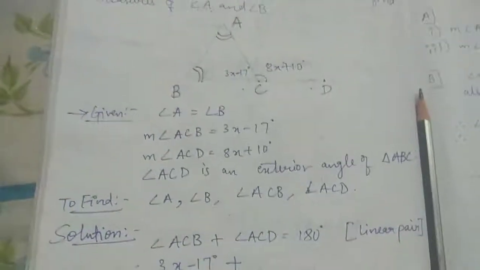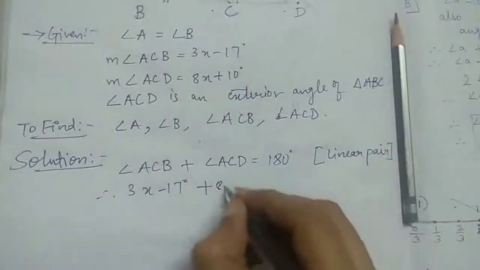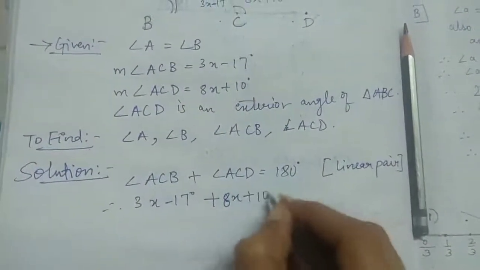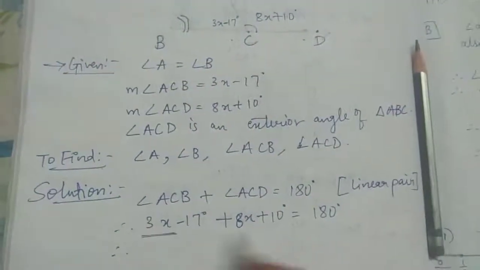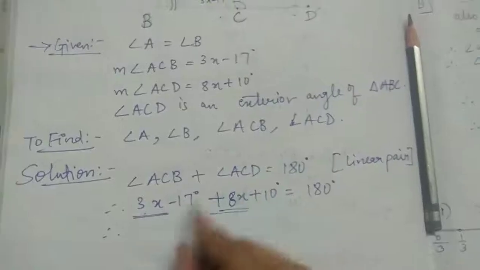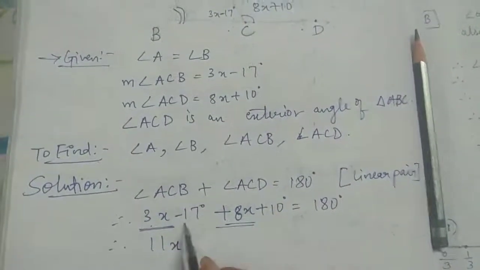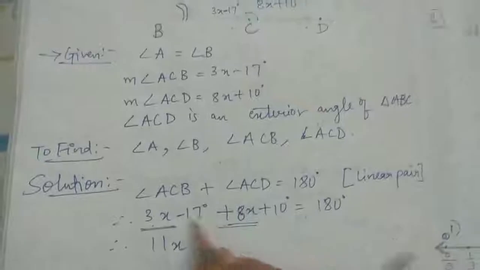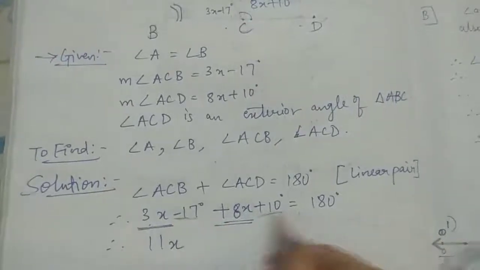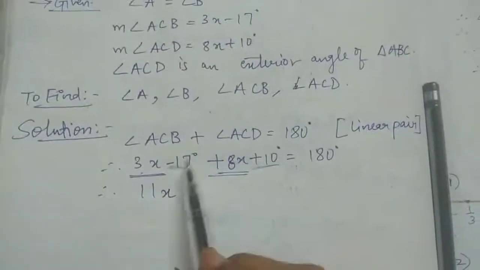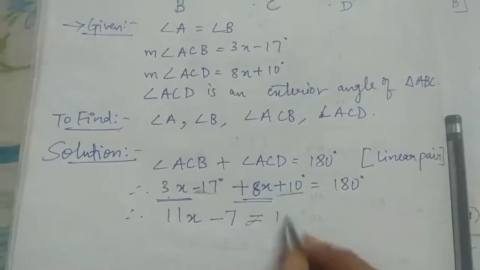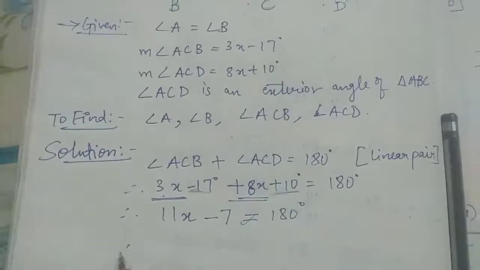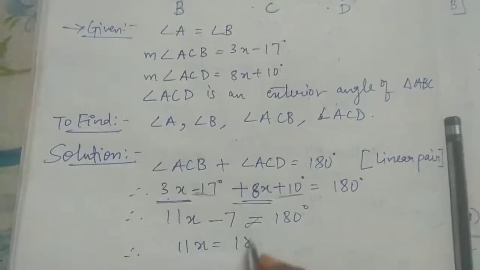And how much is ACD? 8x plus 10. Now 3x plus 8x, 3 plus 8 is 11x. Next is minus 17 plus 10. Minus plus minus, so 17 minus 10, 7. Greater number sign minus. Minus 7 moving on to that side becomes plus 7.